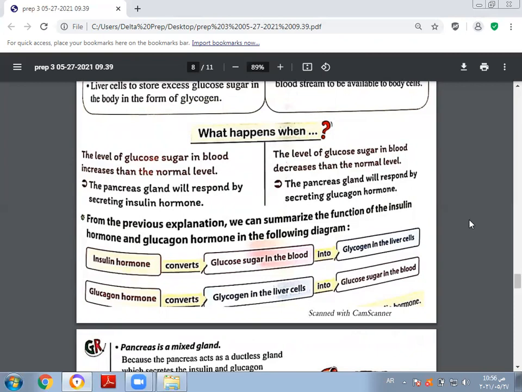And when the opposite case occurs, meaning when the level of glucose sugar in the blood decreases below the normal level, the body tends to increase this glucose level. So the pancreas gland will respond by secreting glucagon hormone. So from the previous, we can conclude that the action of glucagon hormone antagonizes the action of insulin hormone.